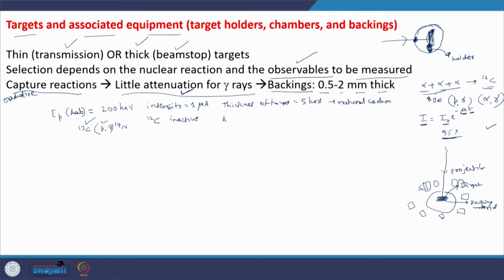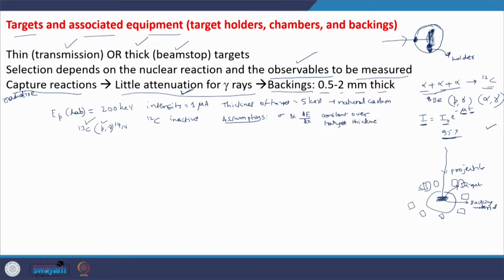There are a few assumptions you have to take. Number 1, the cross section and also the stopping power dE/dx are approximately constant over the target thickness.